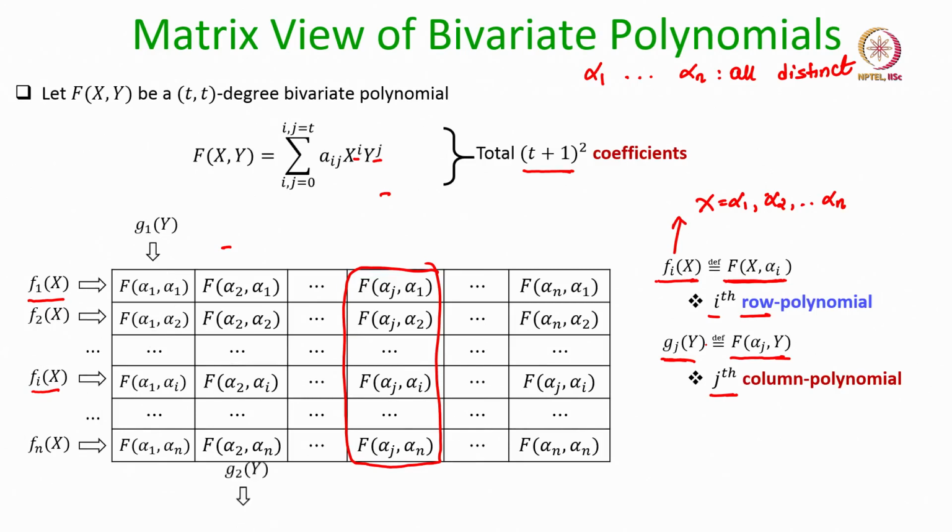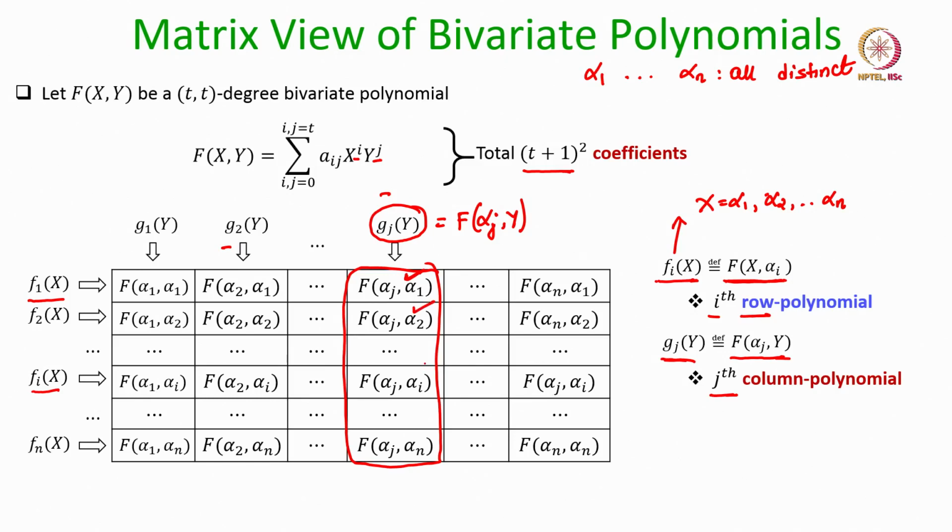Okay. So, if this is the g sub j polynomial, which is f of alpha j comma y, then when I further evaluate that polynomial at y equal to alpha 1, I will get the first value along the jth column. If I evaluate at y equal to alpha 2, then I get the second value along the jth column.